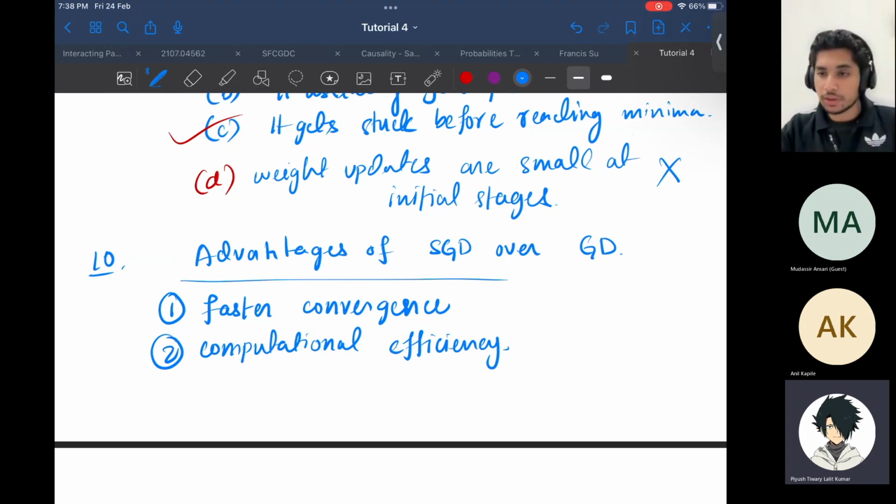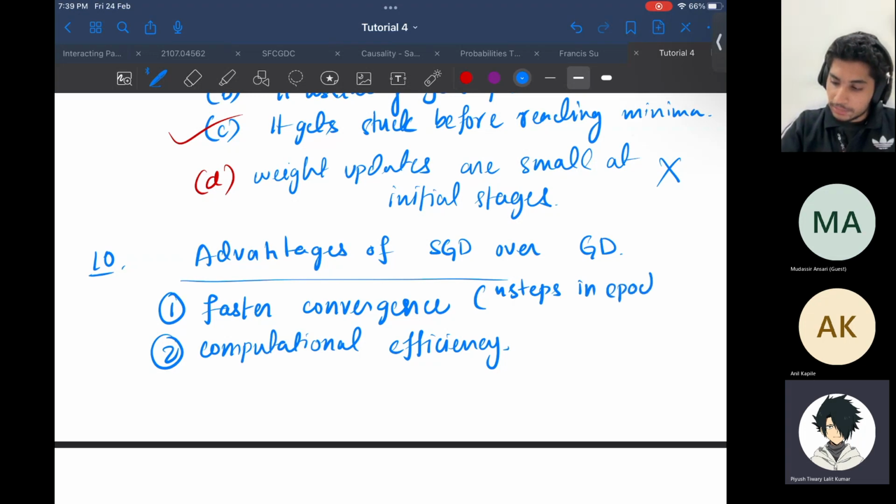So why faster convergence? Think of the vanilla gradient descent. When it takes one pass over the data, it takes only one step. Whereas if you use SGD, in one pass over the data, if there are n data points, it will take n steps. So here it will take n steps in one epoch.